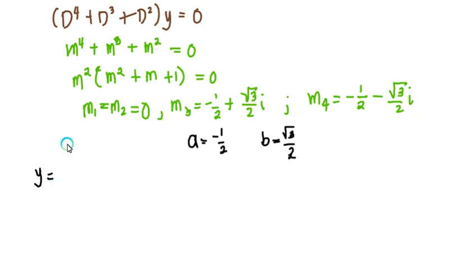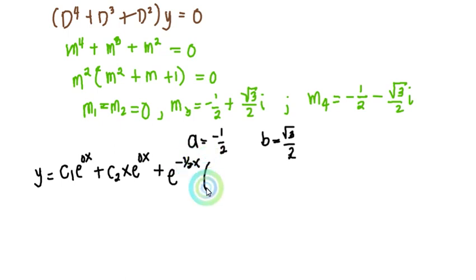diba mahimo lang man na siya e raised to, okay, C1 e raised to 0x plus C2 x e raised to 0x plus your C3 para sa 3 kag 4. So, factor out ko na e raised to ax lang man, e raised to negative 1 half x.